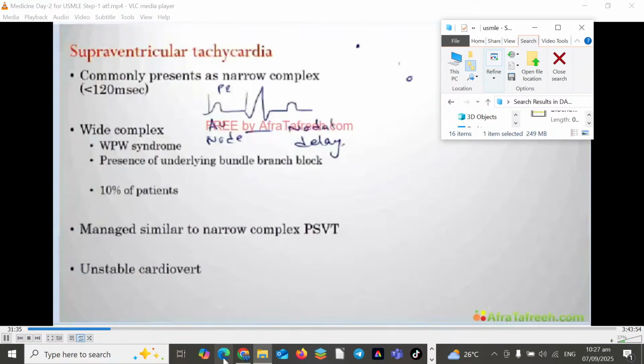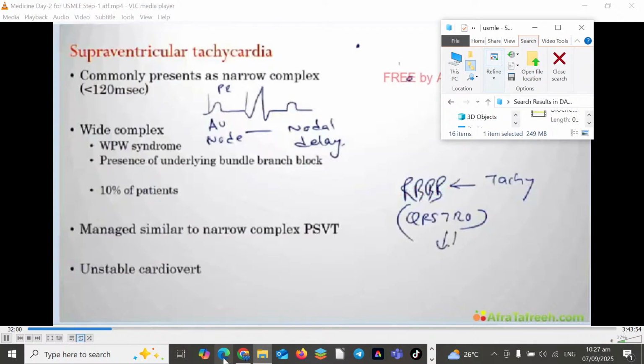When we are talking about wide complex tachycardias, if a patient had an underlying right bundle branch block and he develops tachycardia, his QRS was already more than 120.